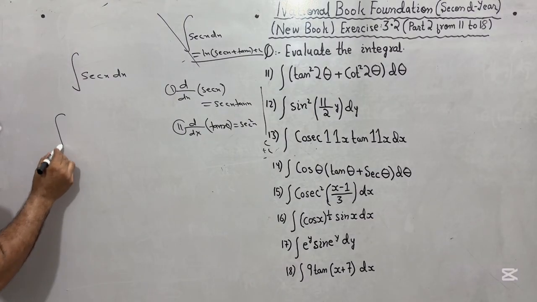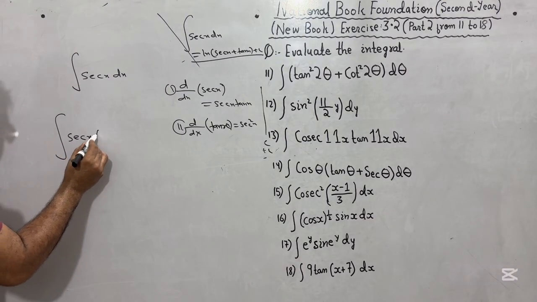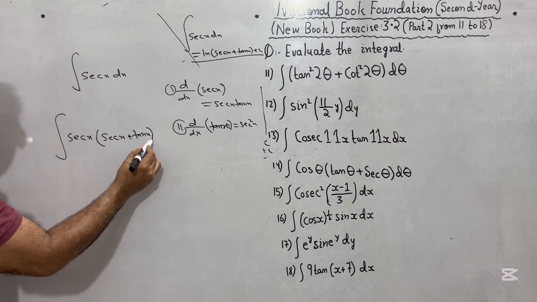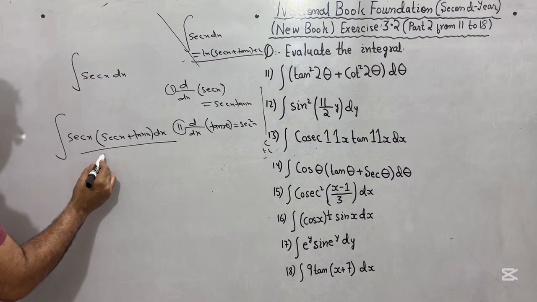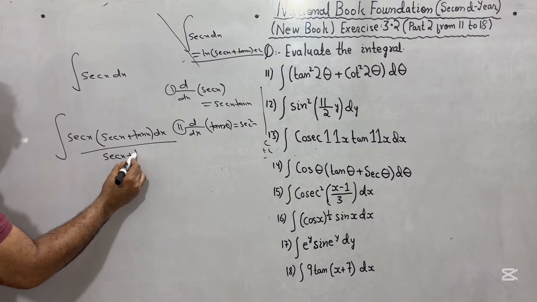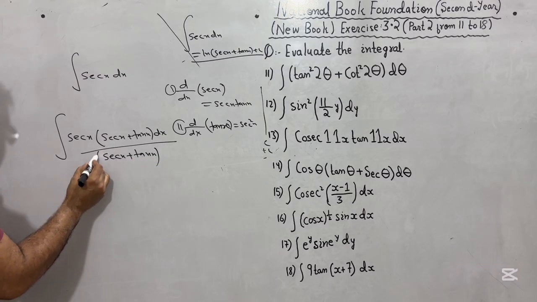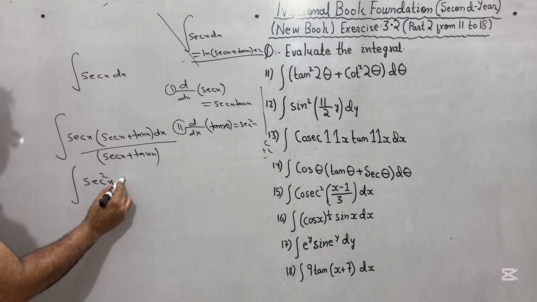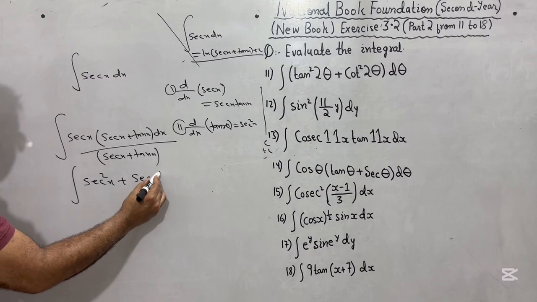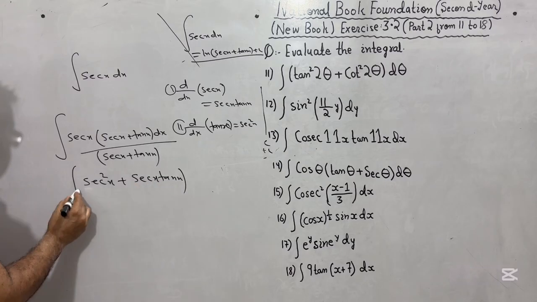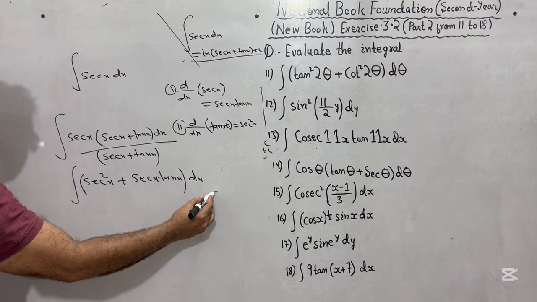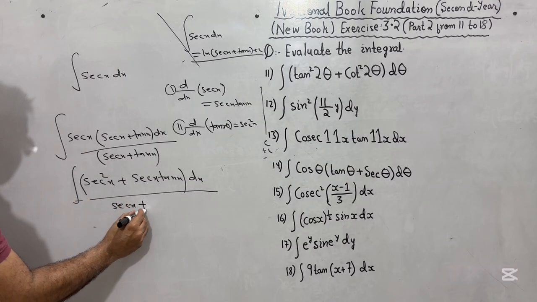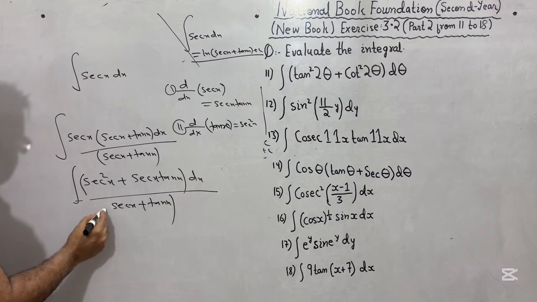Here, we multiply and divide by sec x plus tan x. Multiplying sec throughout, we have sec square x plus sec x tan x dx overall over sec x plus tan x.